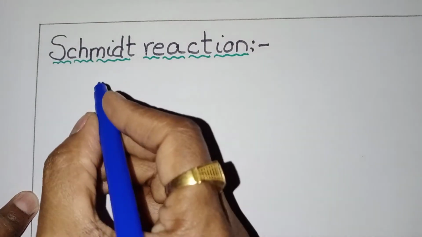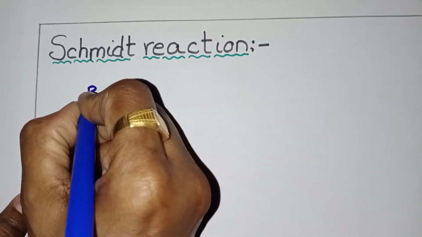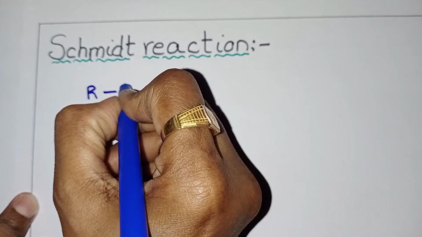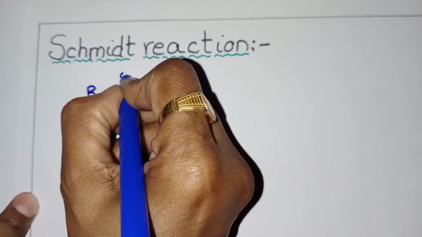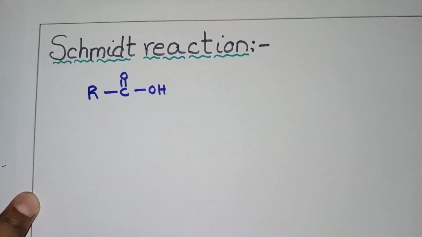Write down the reaction, students. R C double bond O OH. This is the general form of carboxylic acid.